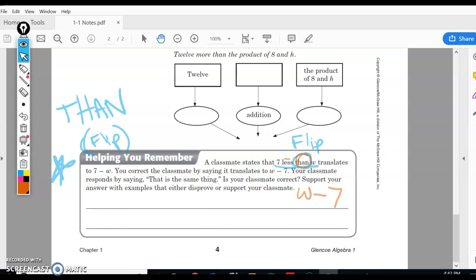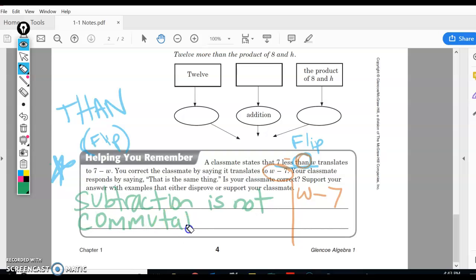So the person that was correct was actually you. You say that w minus 7 is the correct answer, but your classmate is stating that it's the same thing as 7 minus w. Your reasoning why they're different is because subtraction is not commutative.